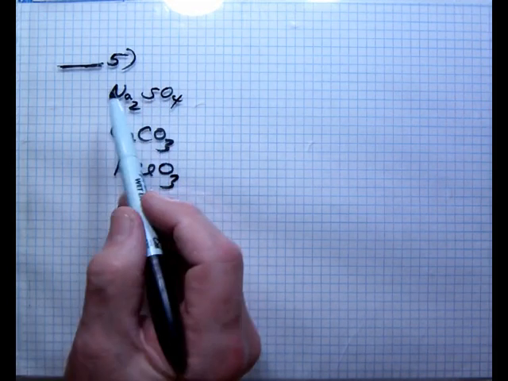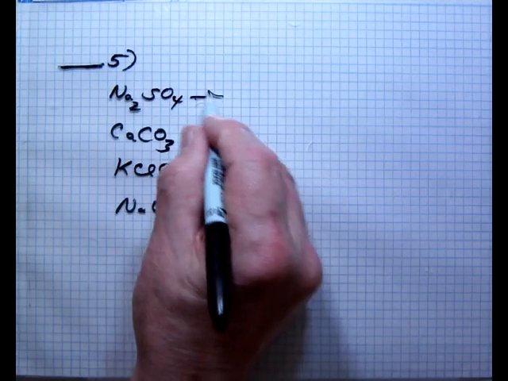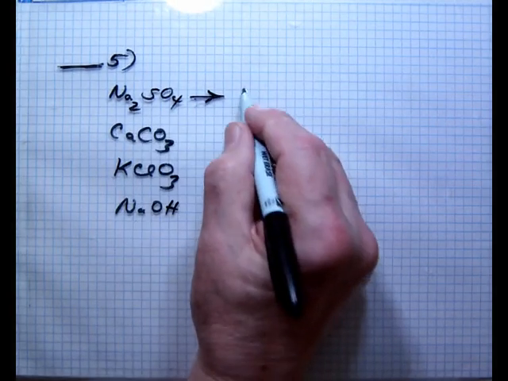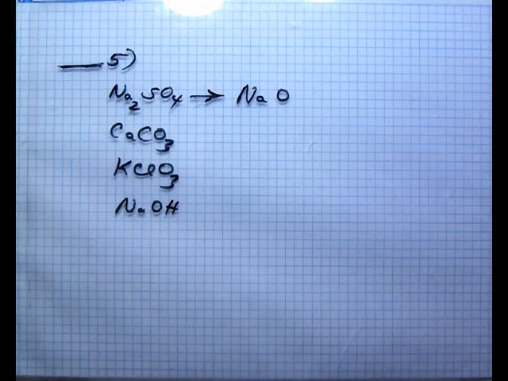But see, this gives a metallic oxide. So the outcome of this will be sodium and oxide. So I'm just going to put sodium and oxygen together just like that. It may be right numbers, it may not be right numbers of elements. But the rules say it's going to make a metallic oxide.